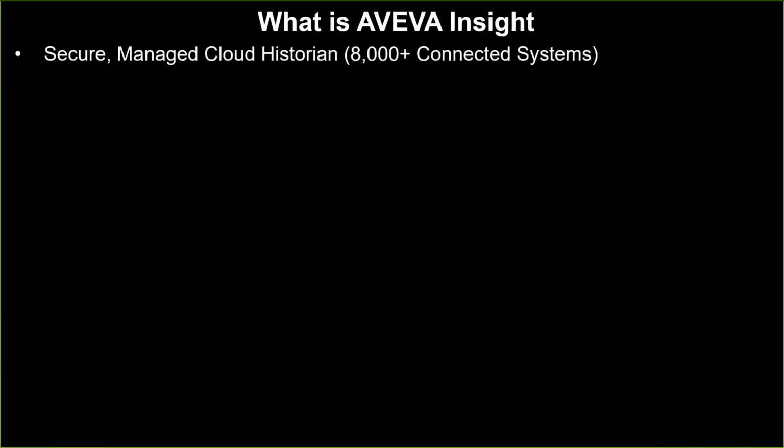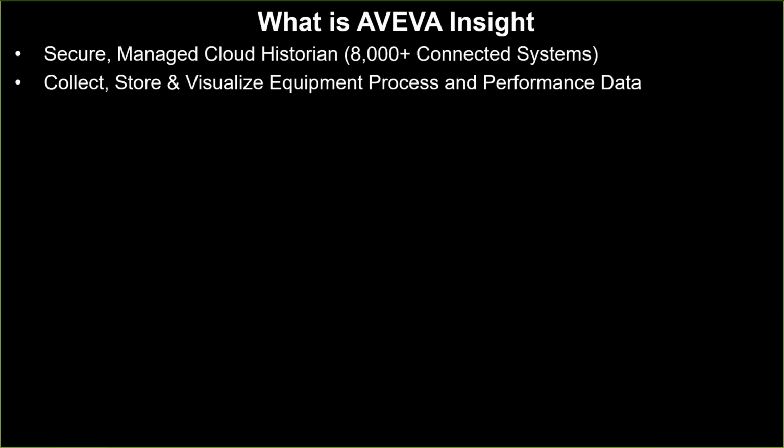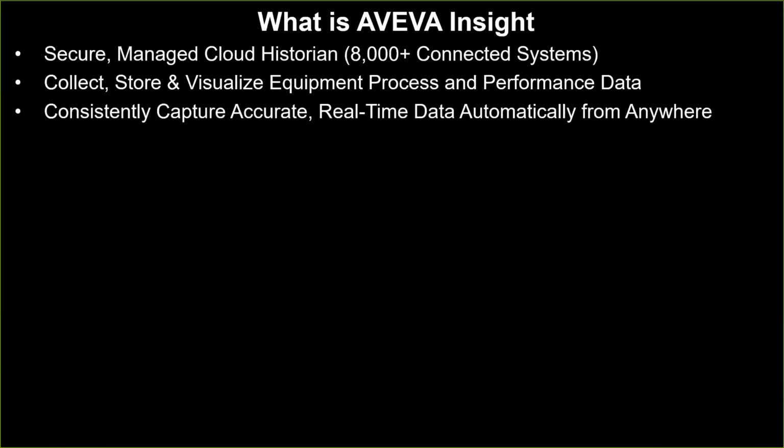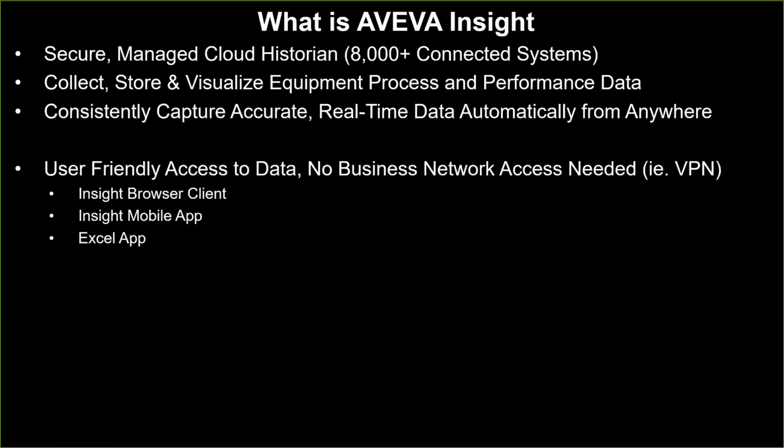So, what is AVEVA Insight? In short, it's a secure, managed cloud historian. It allows you to collect, store, and visualize equipment process and performance data. It also allows you to consistently capture accurate and real-time data automatically from anywhere. It provides user-friendly access to data with no business network access needed, so no more use of a VPN.